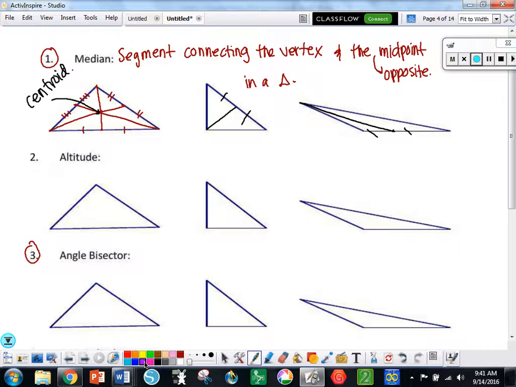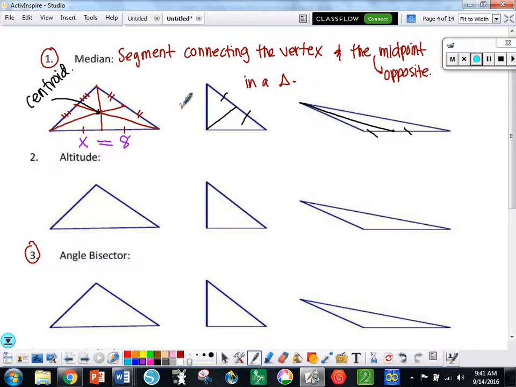Okay. So the kind of question you'll be seeing with this is, if it's a median, and this is x, and this is 8, do we know what x equals, or could we figure that out? Well, if it's in the median, it's in the middle, it's half, right? So what would x have to be? It has to be equal to each other, right? Tick marks equal to each other.